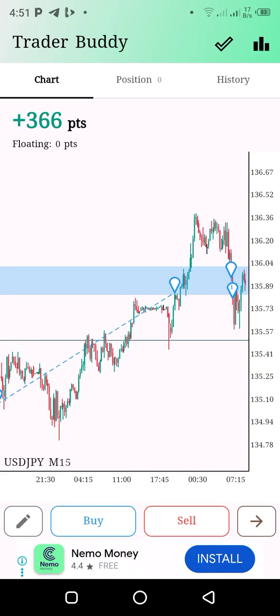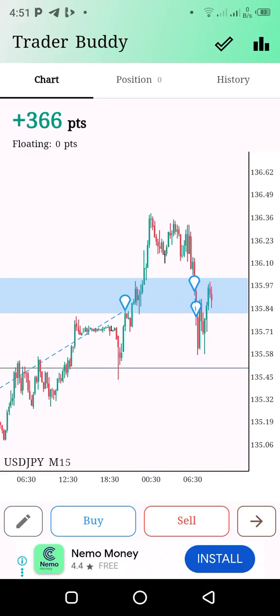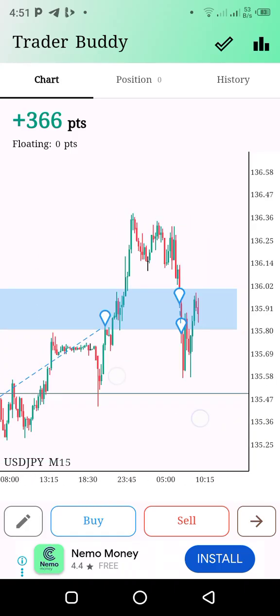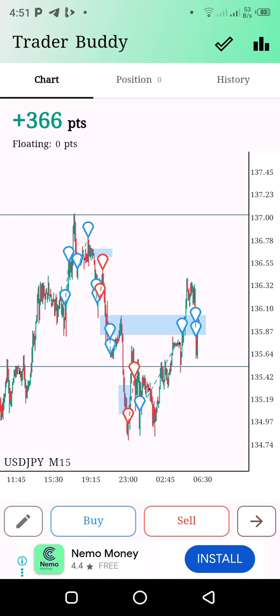Price broke through the level, which is okay, and after breaking through the level, it retested. So we want to see a structure shift.